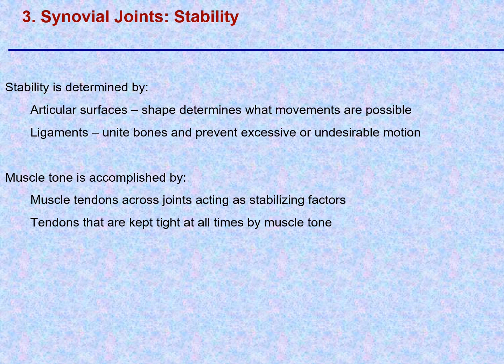Okay, so that's what's preventing your knee from going out sideways, your lower leg from turning sideways 90 degrees, for example, either outwards or inwards, or moving the other way, forwards at the joint. So you have these articular surfaces with a particular shape, and you have ligaments. All of this provides stability.